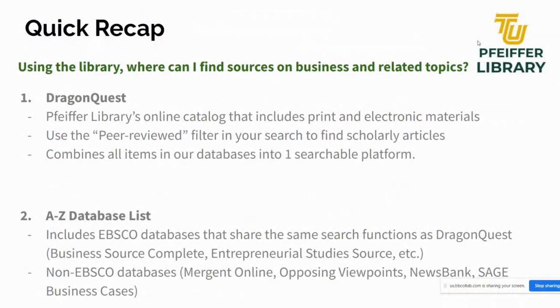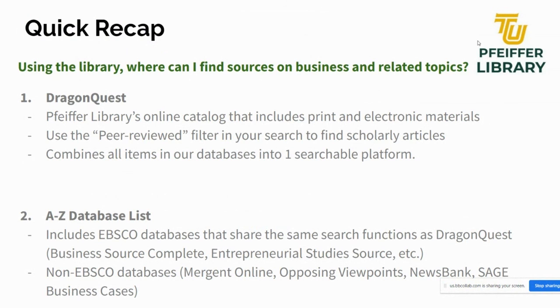So just to kind of recap everything, I know that was a lot that I just showed you. Using the library, you can find all sorts of things on business and related topics, and the sources you can use are Dragon Quest, which is our online catalog, and which is the catalog that combines the items in our databases into one searchable platform.